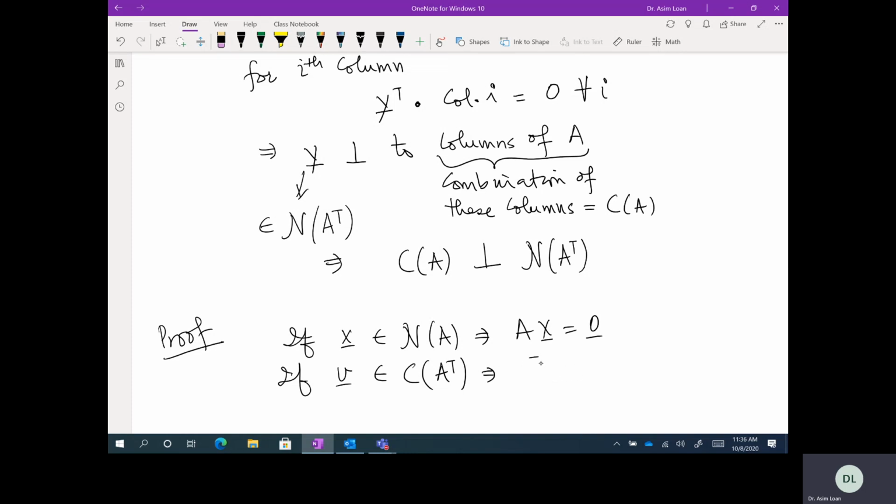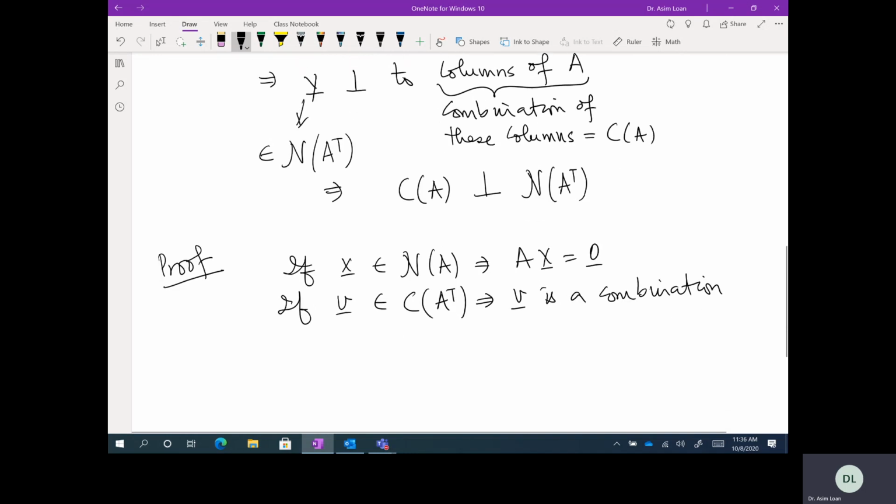So maybe I write this. If V belongs to the row space, this implies V is a combination of rows of A, which implies V is some A transpose Z, right?